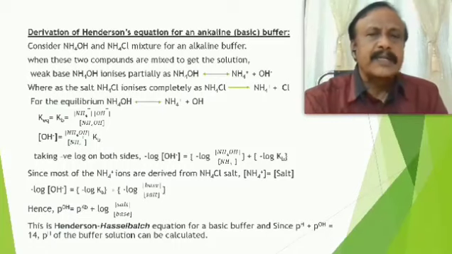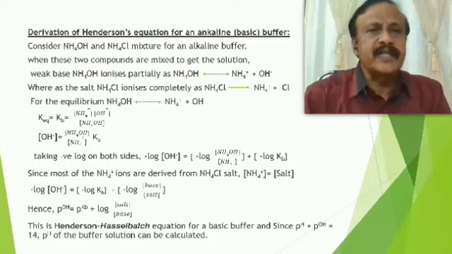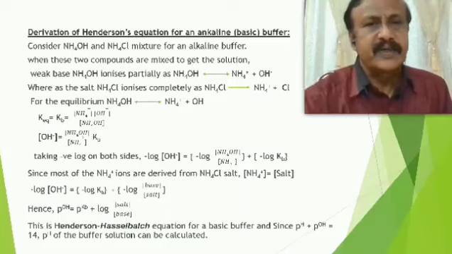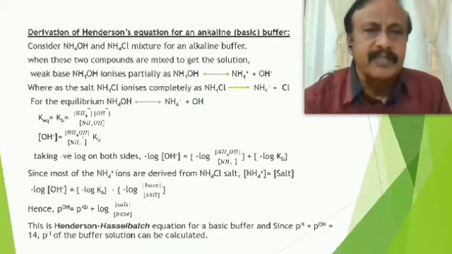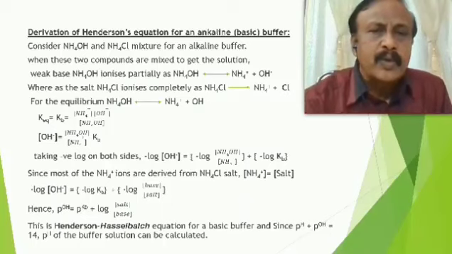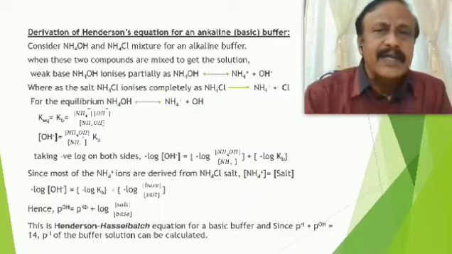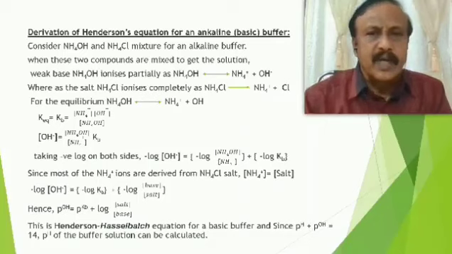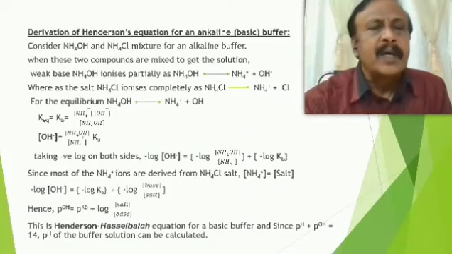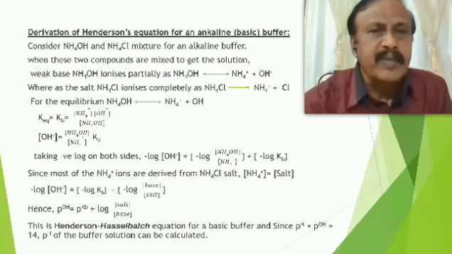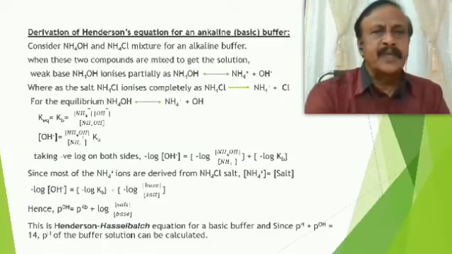Once the derivation of the Henderson equation for an acidic buffer is done, they may ask to derive the Henderson equation for an alkaline buffer. Then how are you going to derive this? For an alkaline buffer, one compound should be a weak base and the other is its salt. Now for this, let us consider an ammonium hydroxide and ammonium chloride mixture.